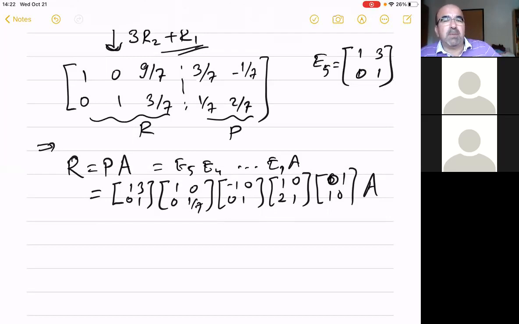So A is complicated, but R will be simpler. So when you have a system of equations, you change that system to a simpler system so that their solutions are the same, and then you solve the simpler one. I gave an example at the beginning of the lecture.